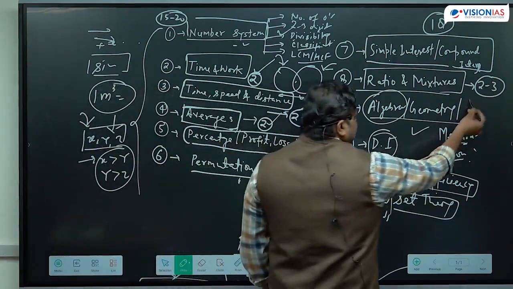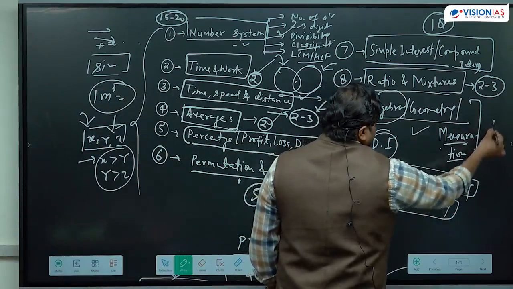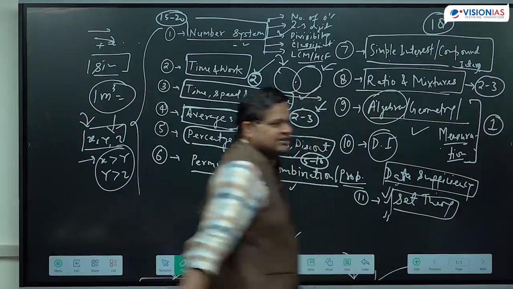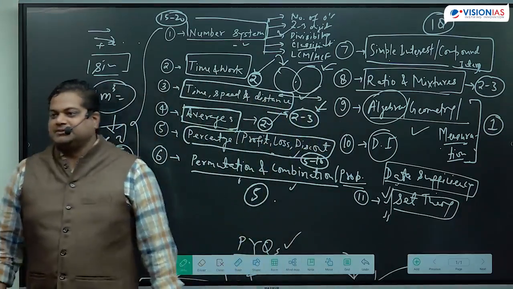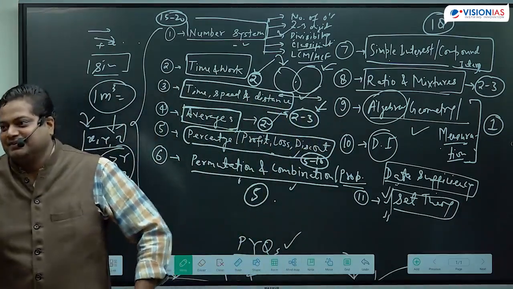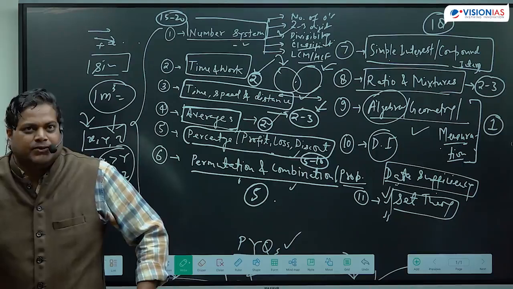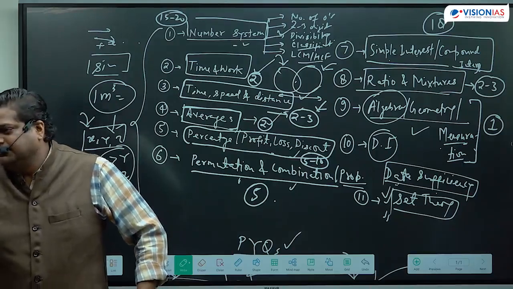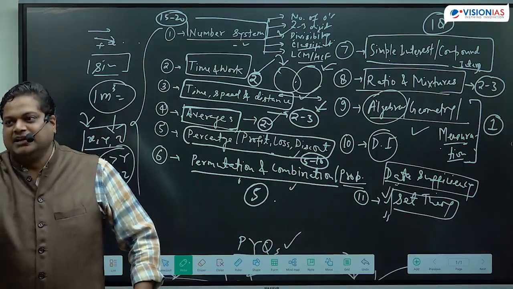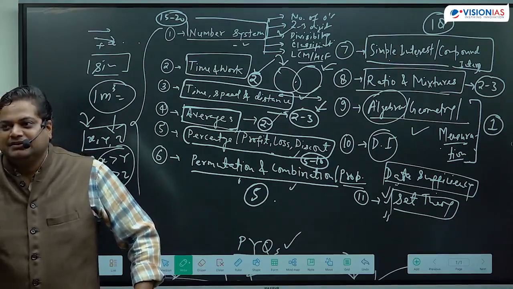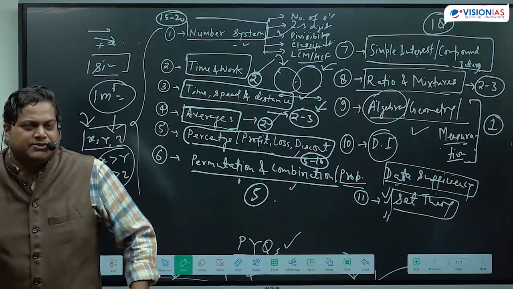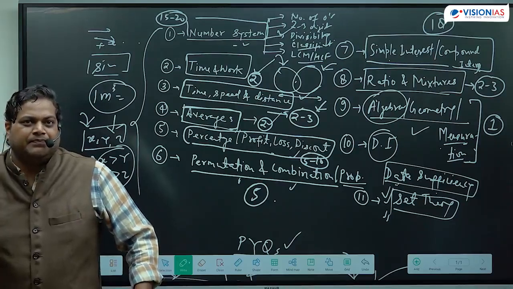This algebra, geometry, mensuration, we can say कि in 3-4 years, 1 question. Not every year they are asking questions. और question भी पूछा तो like 1 question 3 parts. 1 part is related to geometry this way or mensuration.